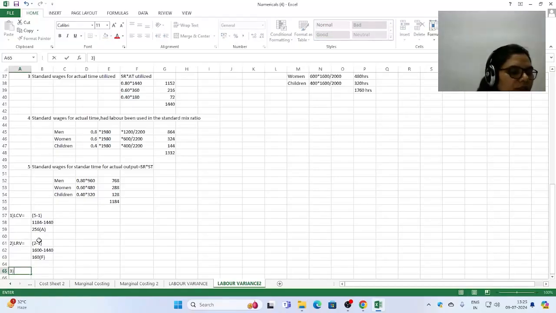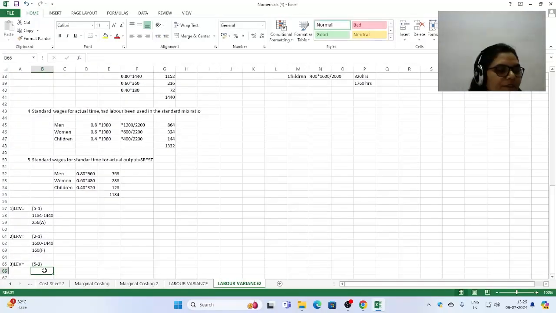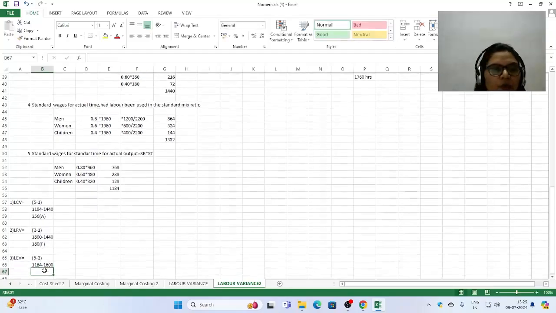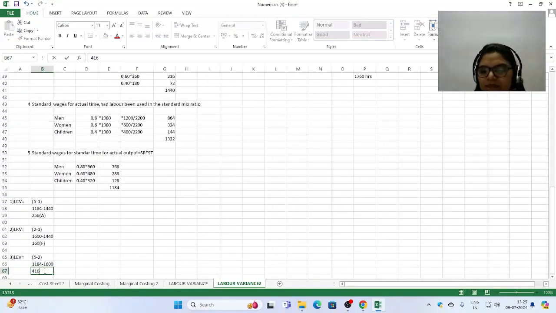Next is labor efficiency variance. Labor efficiency variance is calculated as 5 minus 2. 5 is 1184 minus 1600, which will give you 416 adverse.